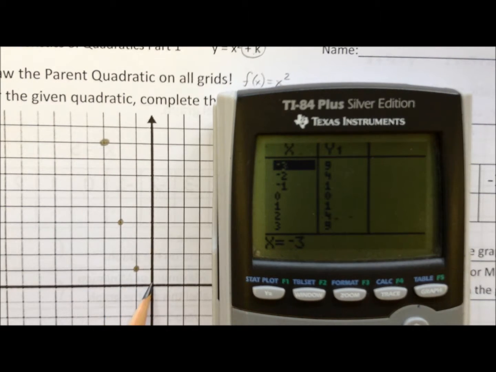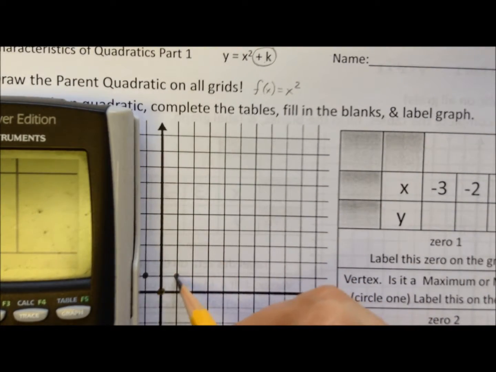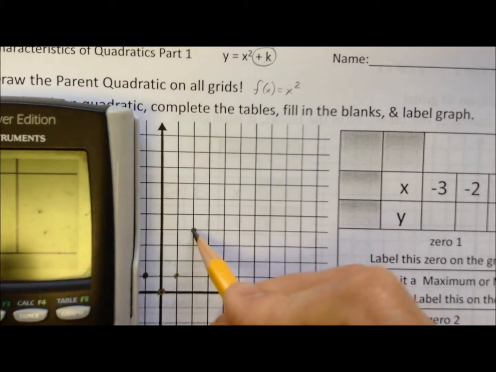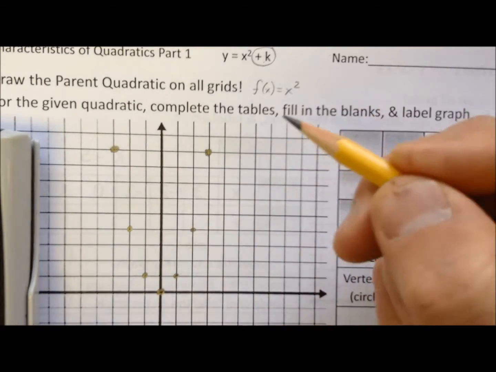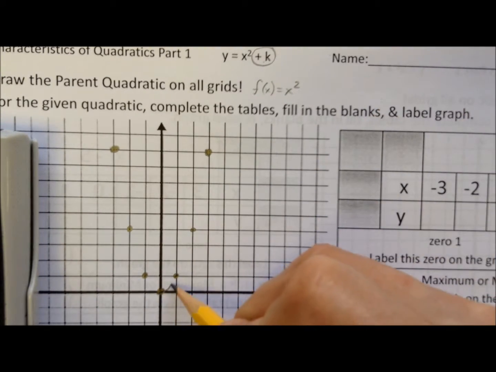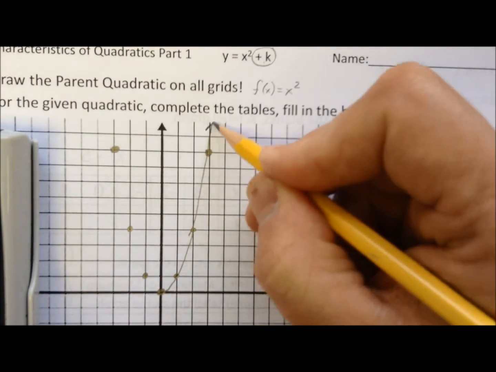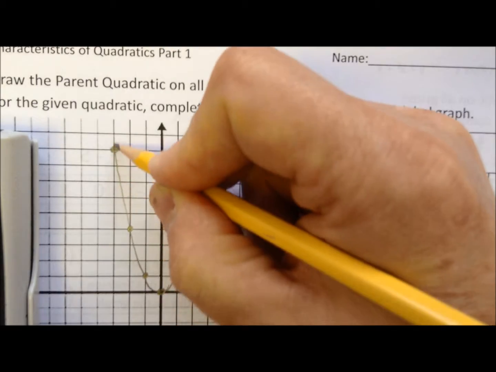We have 0 times itself is 0. 1 times 1 is 1. 2 times 2 is 4, so 2, 4. And finally, 3 times itself is 9. Now if we connect this, we have our parabola, our parent parabola.